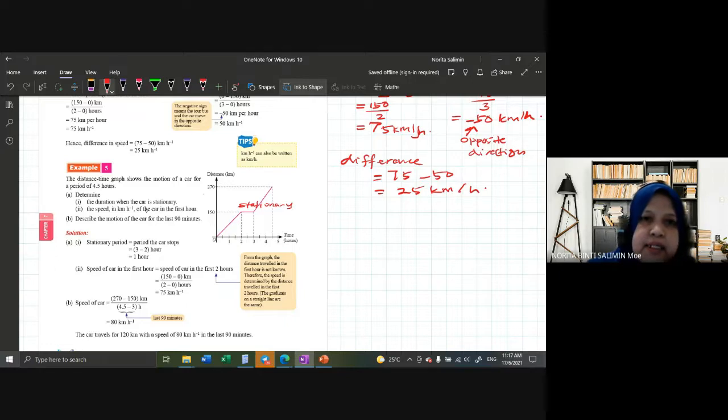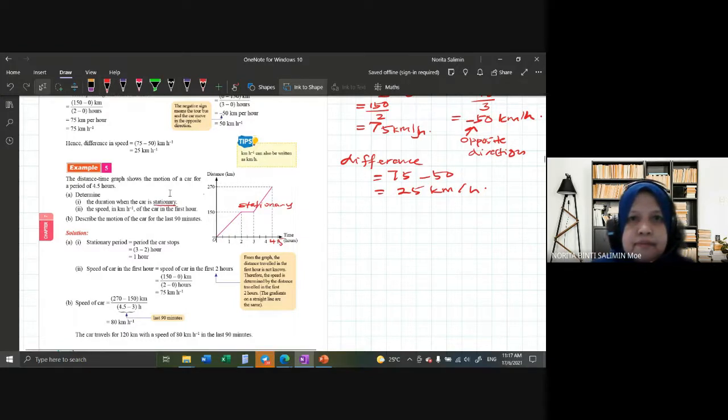Then the car continues the journey until it arrives at 270 kilometers at 4.5 hours. So for question number 1, the duration when the car is stationary: how long is the car stationary? How many hours?